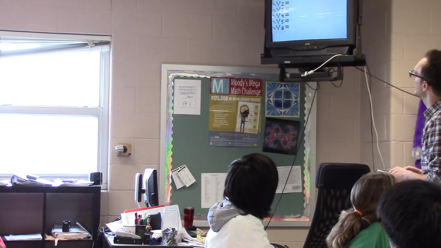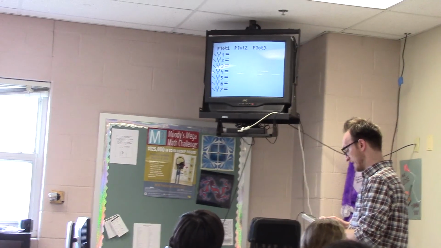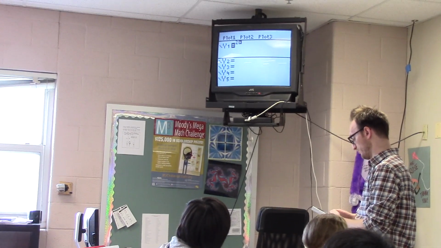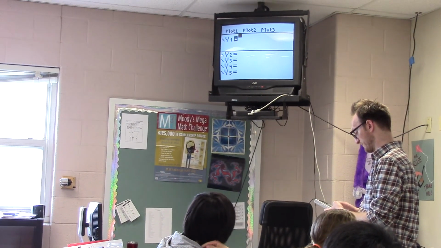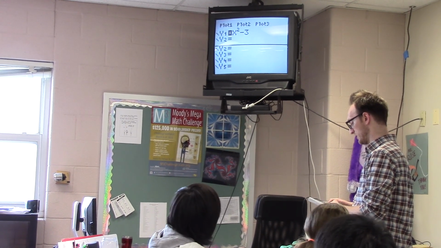If you go into y1, I should type the function, which is x squared minus 3. Looking good. And also I need to be able to crank out some derivatives every now and then. So I'll put 2x in there too.